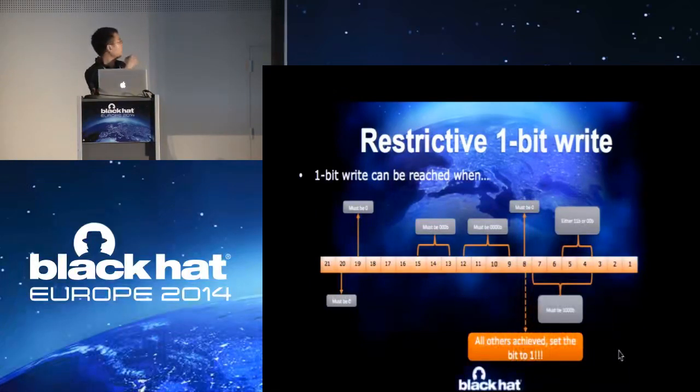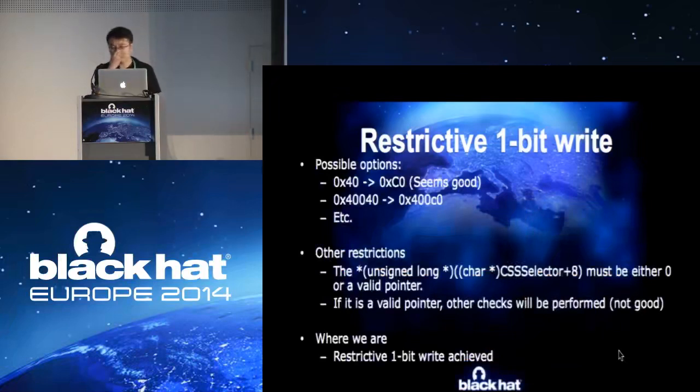For example, the third to the fifth bit must be 11 or 00 or something like that. And if all these conditions are achieved, then the eighth bit can be changed from 0 to 1. That's a vulnerability.